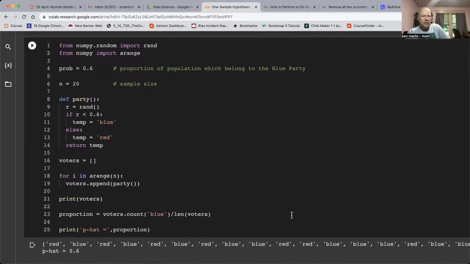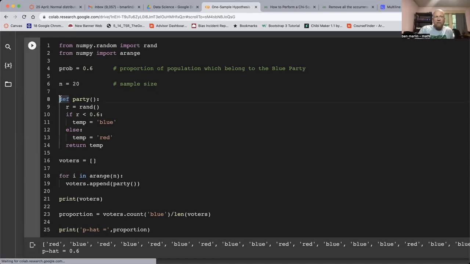So the example that I made up here was simply this notion about red versus blue. In this case, I went ahead and created a function. This is a good thing for you to know about from Python anyhow. You see how it says def party.